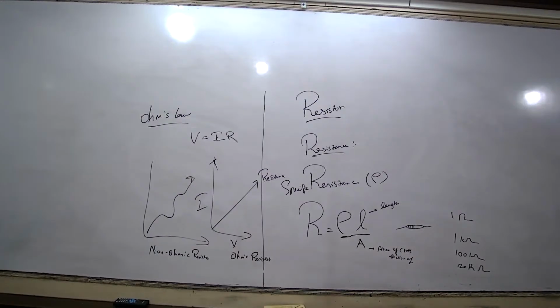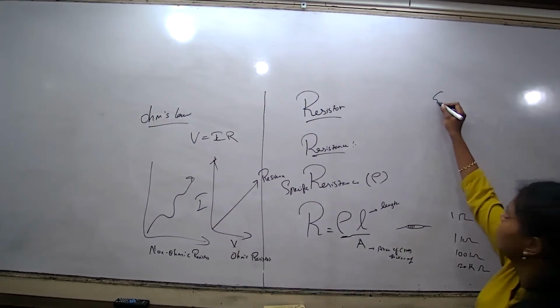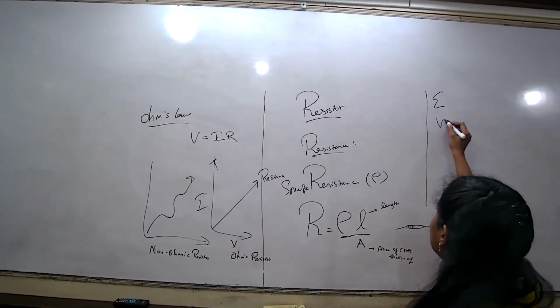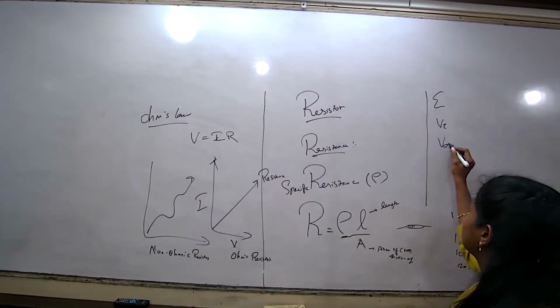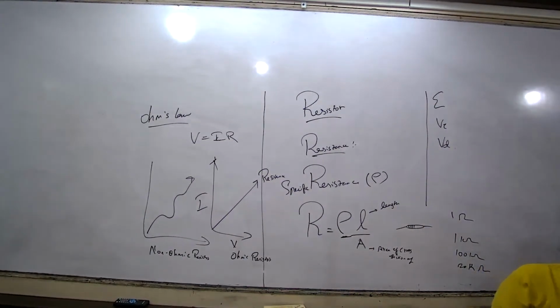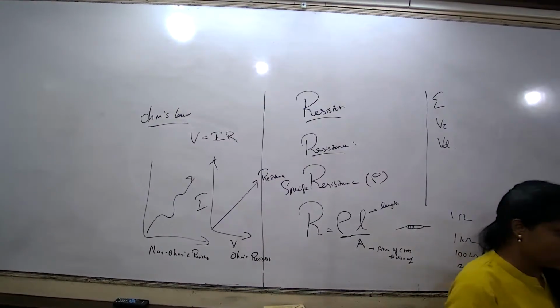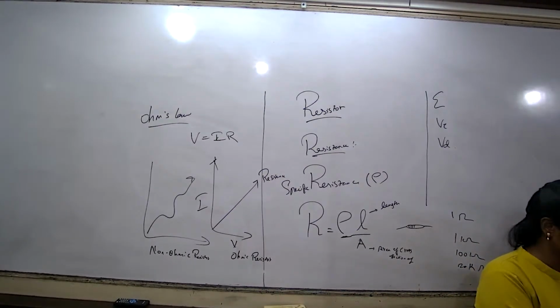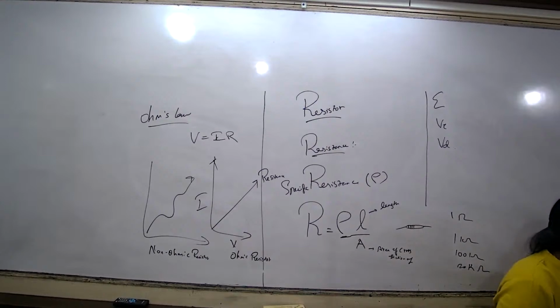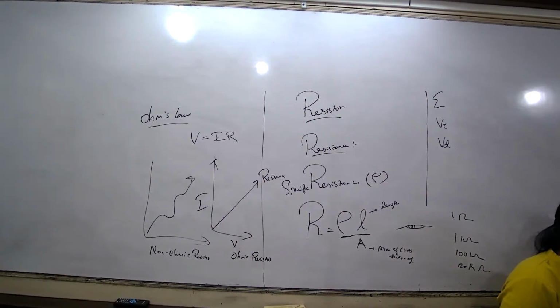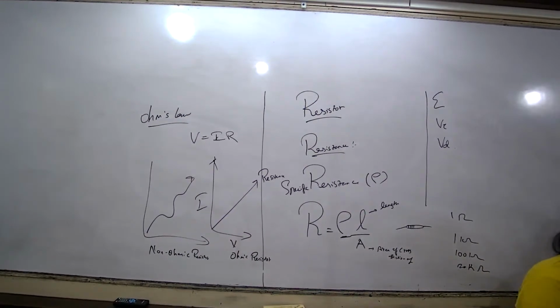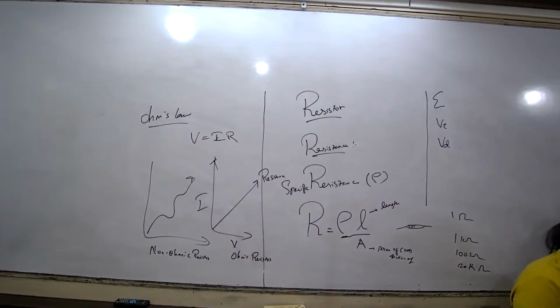Understand? Now we are going to see about the EMF, terminal voltage, and voltage drop. You see a battery having two terminals. What is the purpose of a battery? The chemical energy is converted to electrical energy, isn't it?